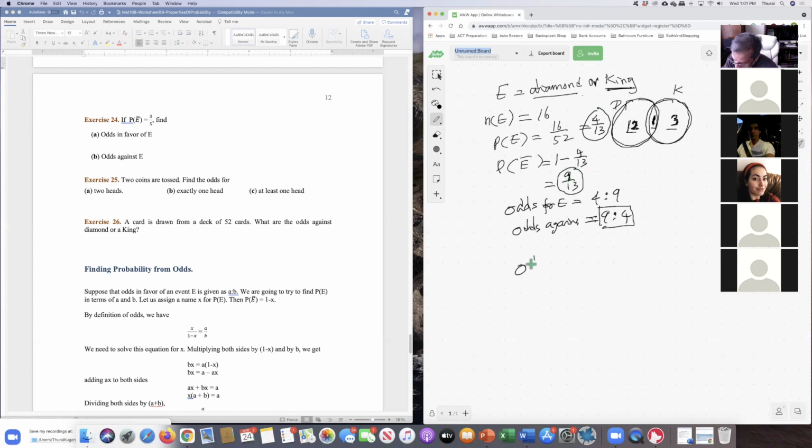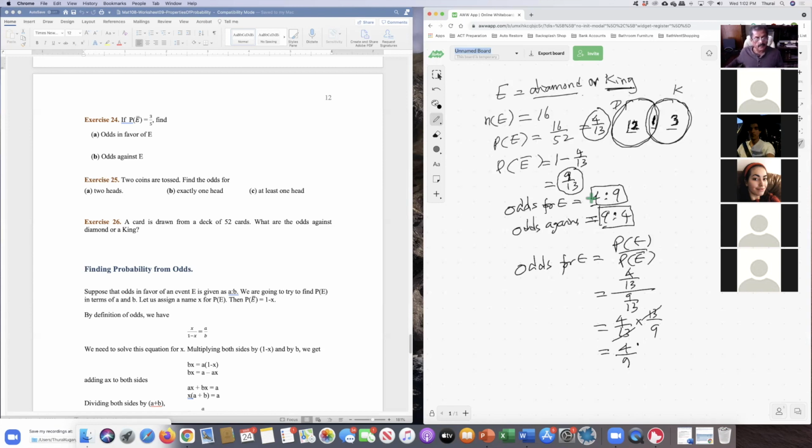So odds for E would be probability of E over probability of E bar, which is equal to 4 over 13 over 9 over 13. I skipped all this math. 4 over 13 times 13 over 9 will be 4 over 9. Okay? Okay. Right. 4 over 9, and we write that as 4 to 9. And so odds against is just the reverse, 9 to 4.